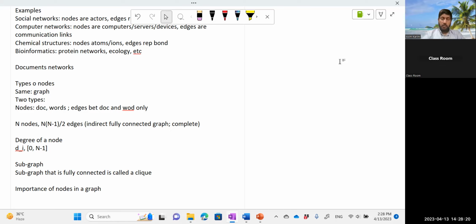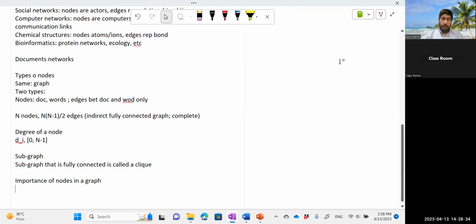Based on that connectivity, we would like to quantify the importance of that node. In a social network, a node would be an actor, so how important is that actor in the social network? It could also be a computer network, where the importance of a node may matter for security or virus immunization, and so on. There could be numerous applications.